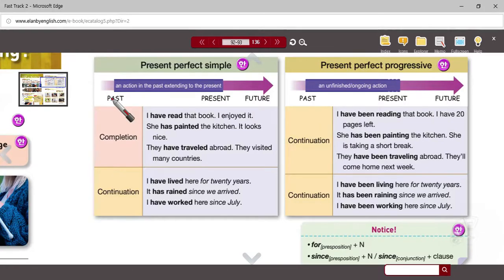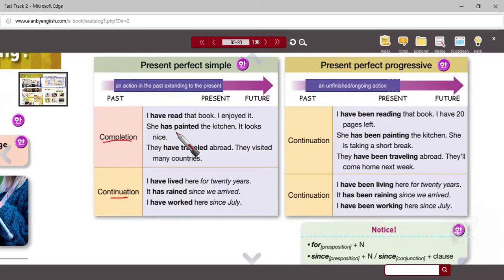I don't know when they are, but they've started in the past, and often they're completed. In some cases, they continue on. So look at this example here. I've read that book. I enjoyed it. So we know that that person read that book sometime in the past. I don't know if it was last week or 10 years ago, but some point in the past, that person or the speaker read the book.